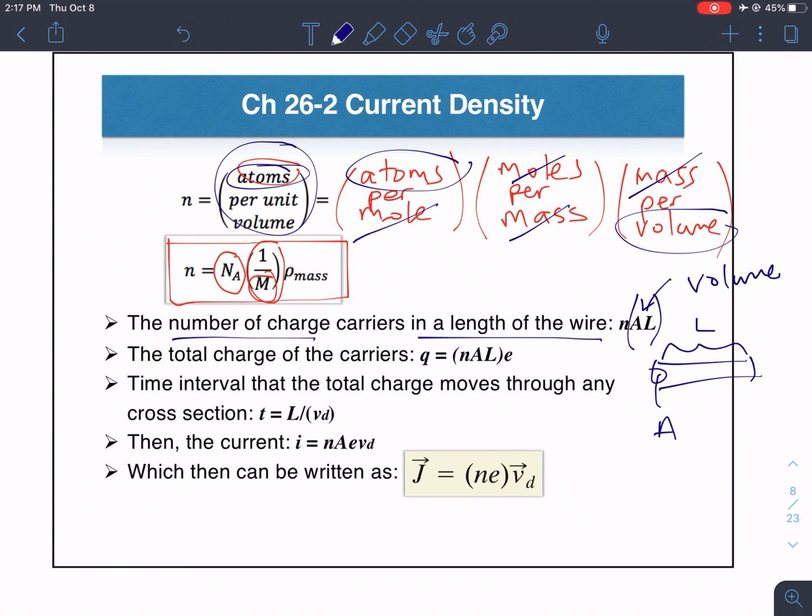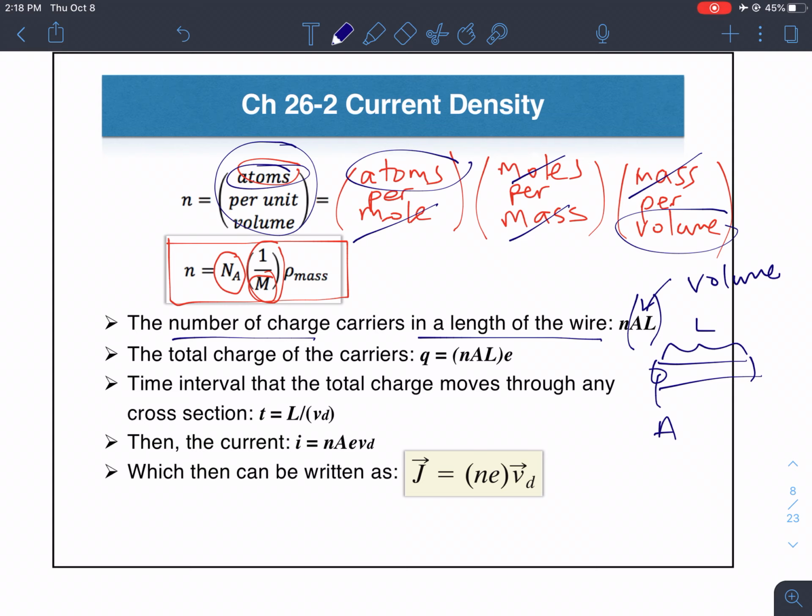Let's make sure we understand what they are. A is the area, L is the length of the wire, and A is the cross-sectional area. And the total charge carriers is this number times the electrons, right? And conduction electrons. So that is really the elementary charge here.